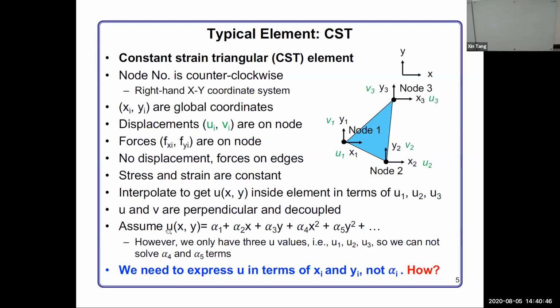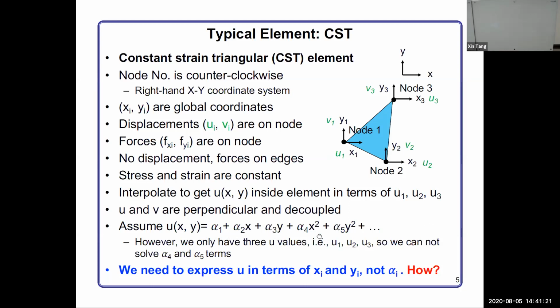We write the to-be-solved displacement field u(x,y) in terms of polynomial equations: alpha 1 plus alpha 2 x plus alpha 3 y plus alpha 4 x squared plus alpha 5 y squared plus alpha 6 xy. You can go on until the x^n, y^n terms.